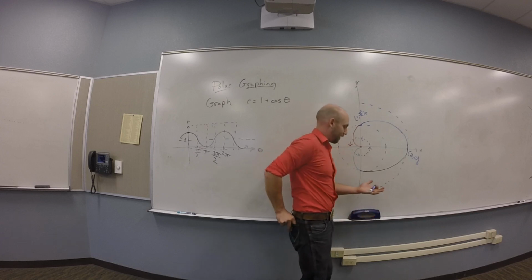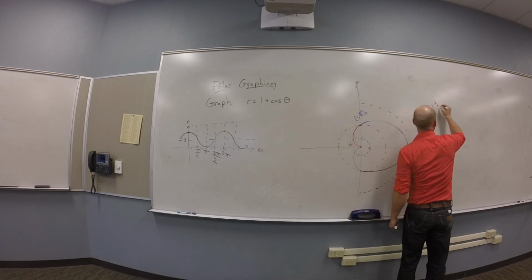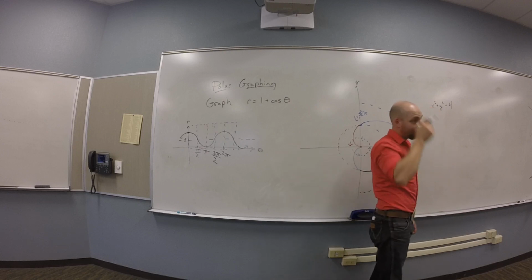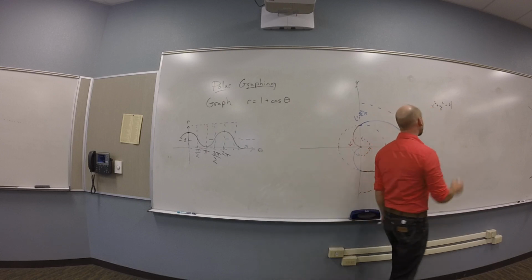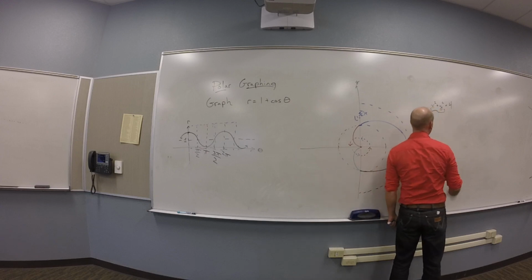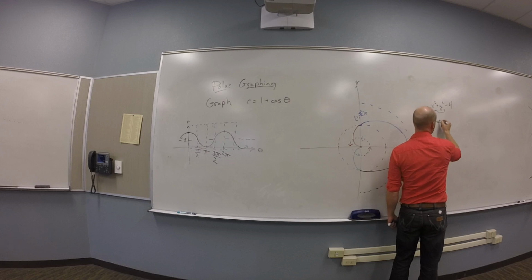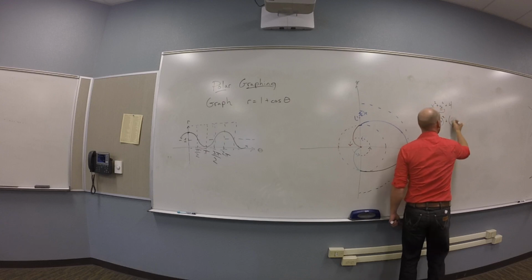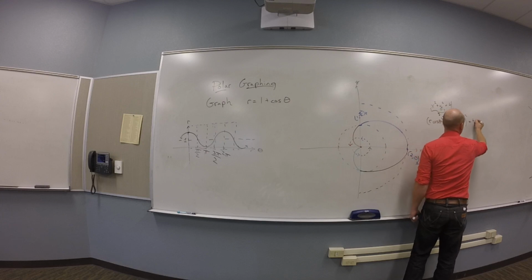Meaning, if I had my earlier example where I had x squared plus y squared is 4, right? If I want to convert this to polar, I'm just going to think, hey, x squared plus y squared is like (r cosine theta) squared plus (r sine theta) squared equals 4.